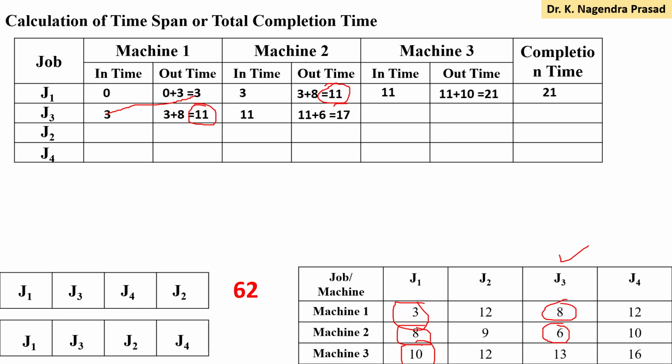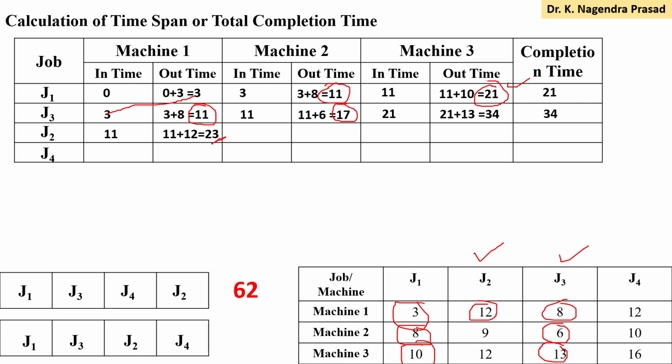So next, once again I have to observe the out time of machine 2 and machine 3. Here 21 is the maximum, so I have to enter the maximum time, that is 21. So 21 plus 13 is equal to 34, and the total completion time is 34. So next I have to move to job J2. On machine 1 the in time is 11 and the out time is 11 plus 12, which is equal to 23.